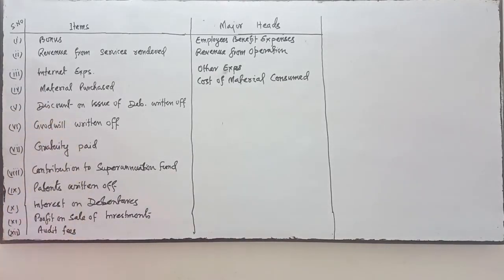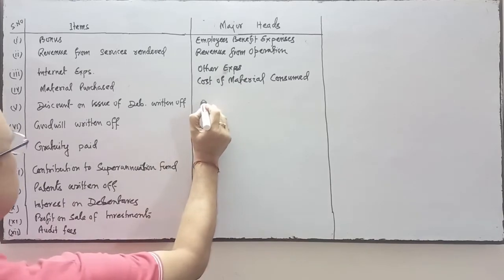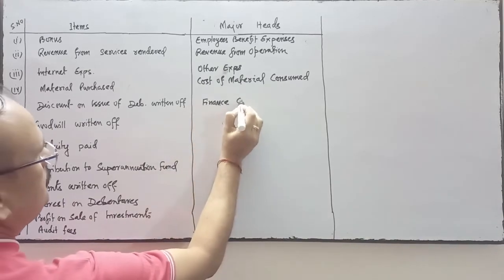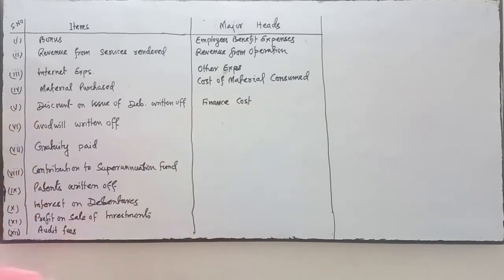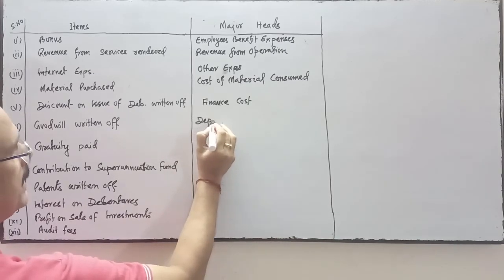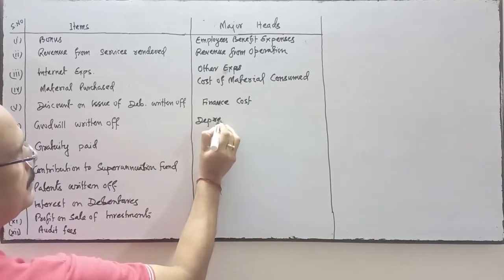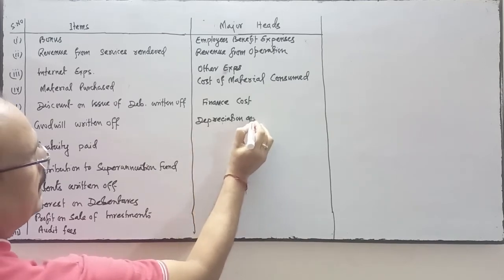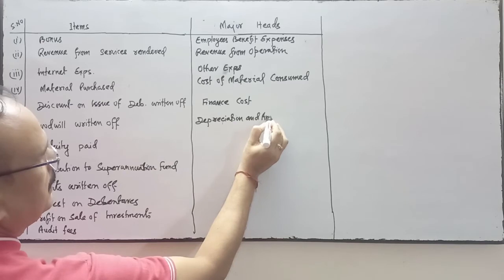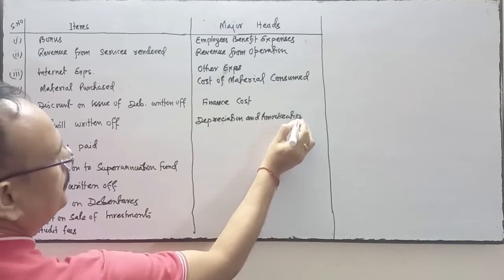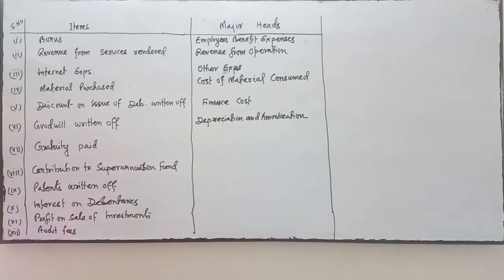Discount on issue of debenture written off comes under finance cost. Goodwill written off comes under depreciation and amortization. Okay, depreciation and amortization.